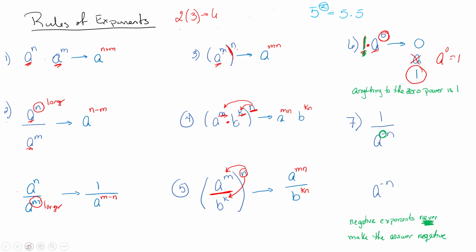So the job of the negative exponent is to tell you that the base is in the wrong place. In this case, the base is in the denominator, but this negative exponent says it doesn't belong there. That negative exponent says that my base should really be located in the numerator. So it gets popped to the top, so to speak.